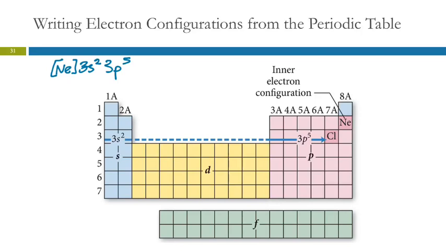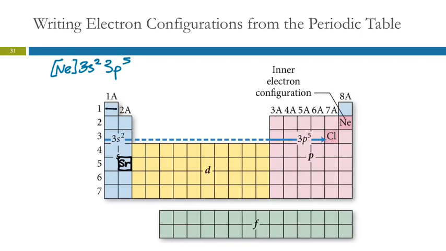Let's do one more with a full electron configuration. Let's maybe do strontium. So strontium is right here. If we were going to do the full electron configuration for strontium, we're going to start up here.